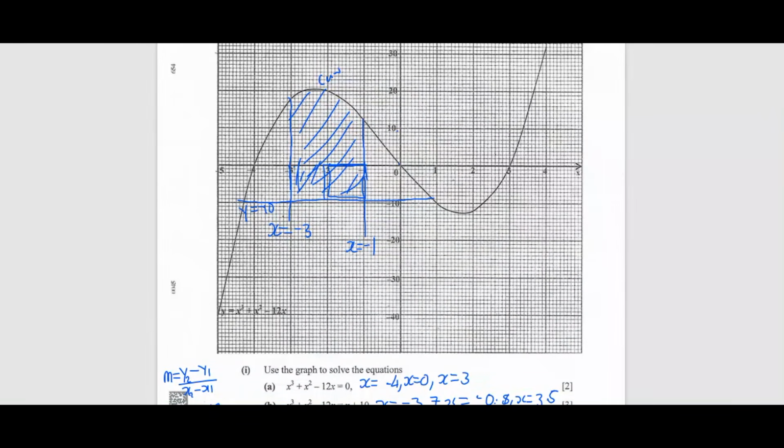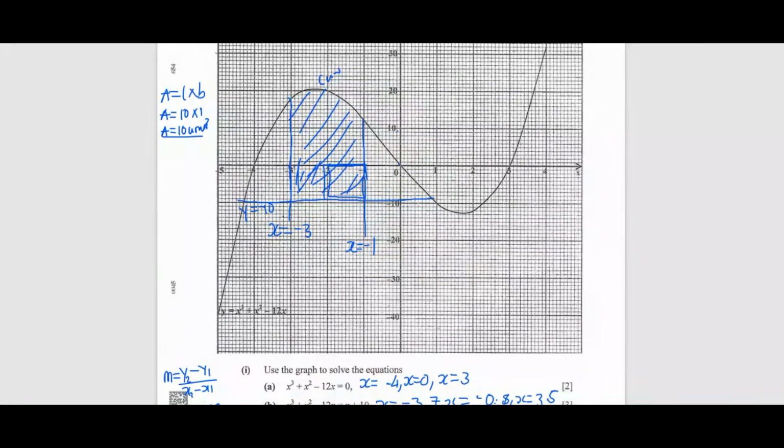But in the x-axis, each distance is 1. Then y, it's 10. So the area for one box will be area is equal to L times B. Our L is 10 times our B is 1, 1 unit in the x-axis. If you multiply 10 times 1 that will give us 10 units squared. So this is the area for one complete box.